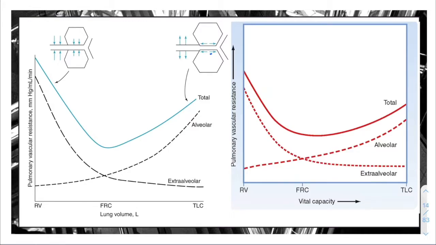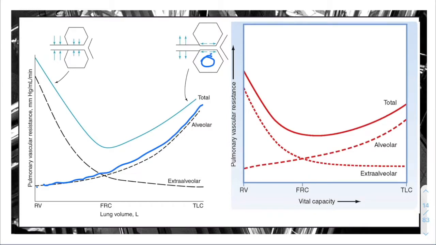In your alveolar vessels at residual volume, your pulmonary vascular resistance is low. But as you inhale to total lung capacity, because of increasing alveolar pressure, what happens to the vessel?